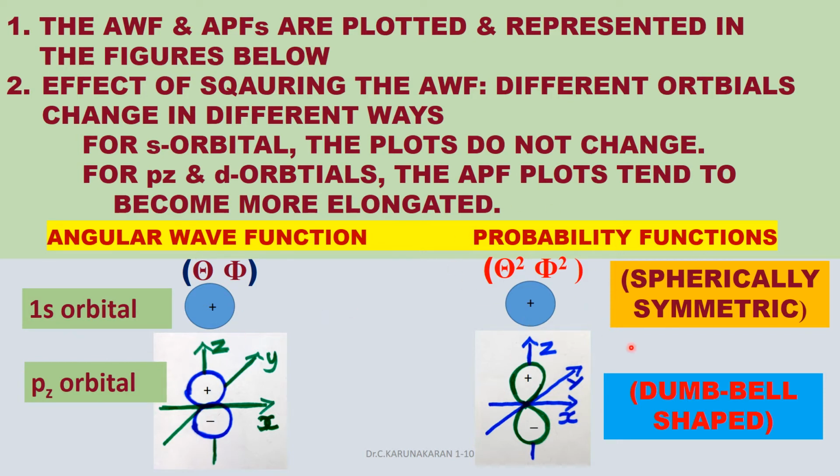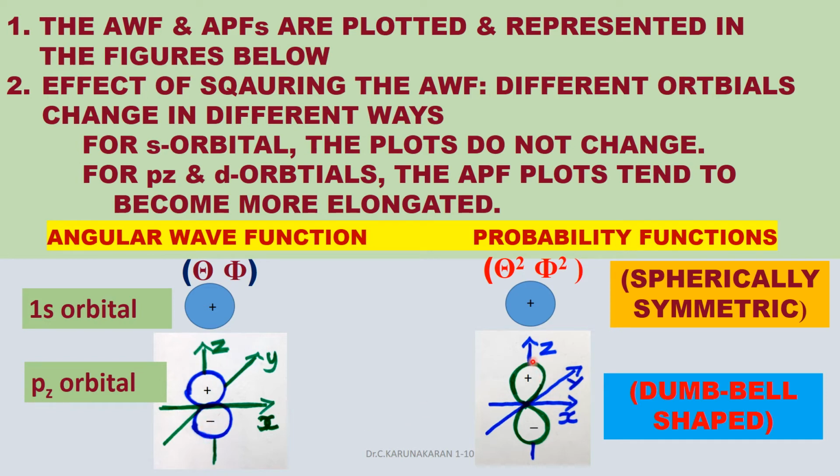The 1s orbital is spherically symmetrical. It is everywhere positive, and it is spherically symmetrical, as obtained from the plot of the angular probability function. Similarly, for the pz orbital, there are two circles, and this is the dumbbell shape. The pz orbital is represented by a dumbbell shape, and here this is positive and this is negative.